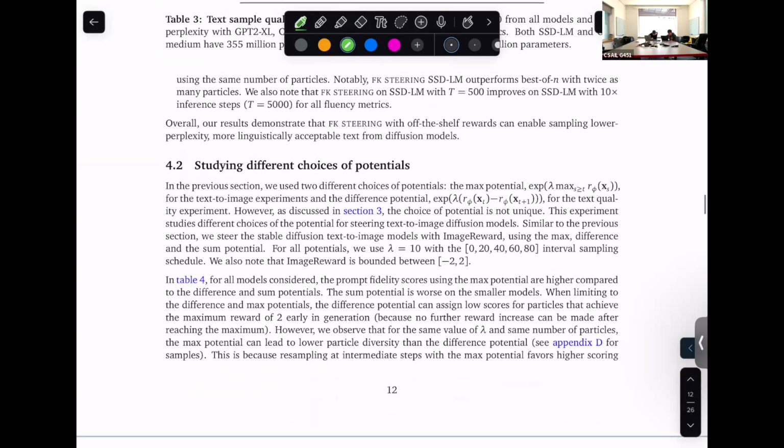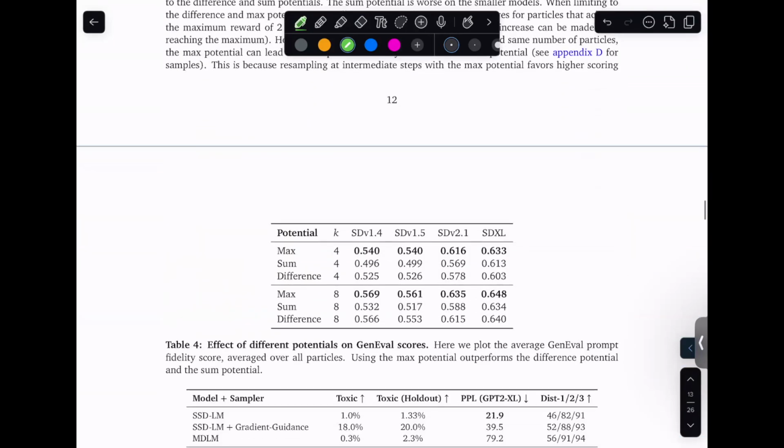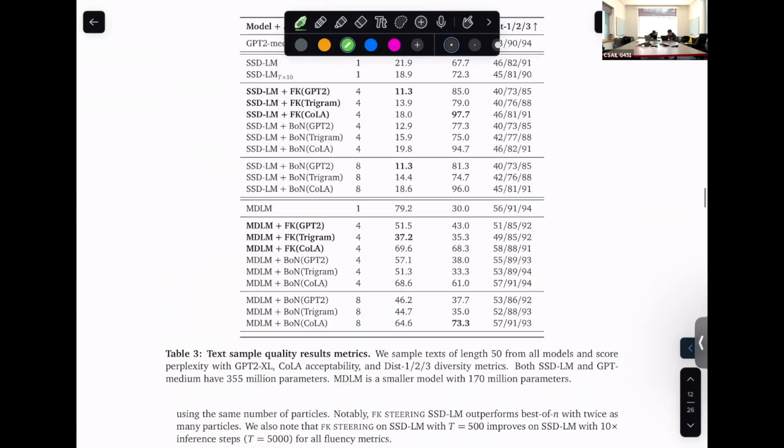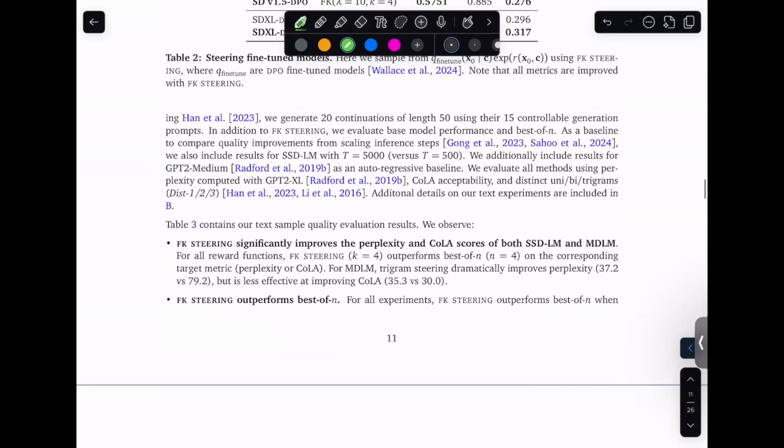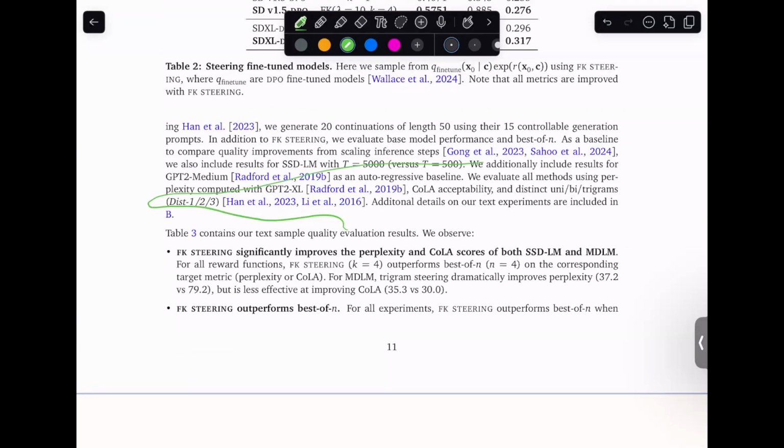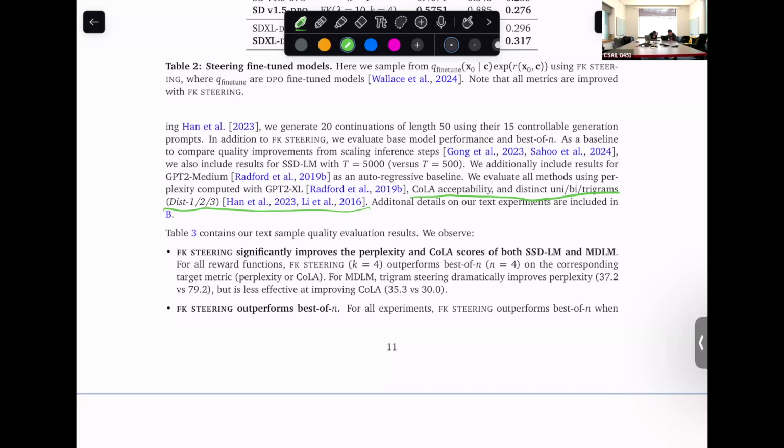Where is it? I think it was above the table. Yep, right here. Cola acceptability and distinct. Distinct uni-, bi-, and trigrams.